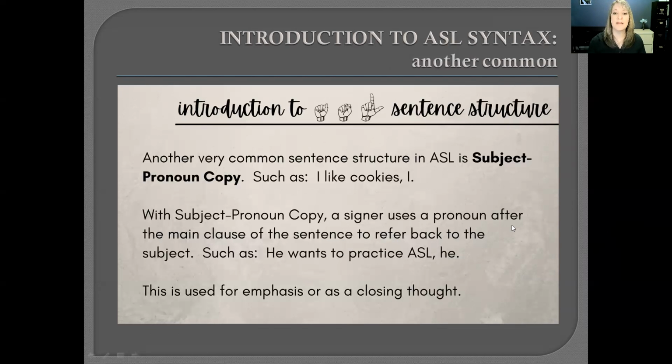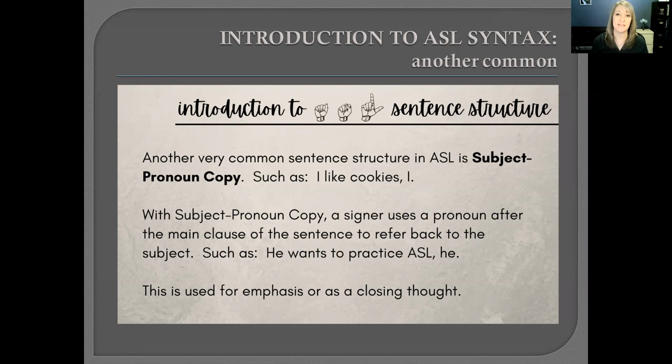All right, another very common sentence structure in ASL is called subject pronoun copy. For example, I like cookies, I. With subject pronoun copy, a signer uses a pronoun after the main clause of the sentence to refer back to the subject.